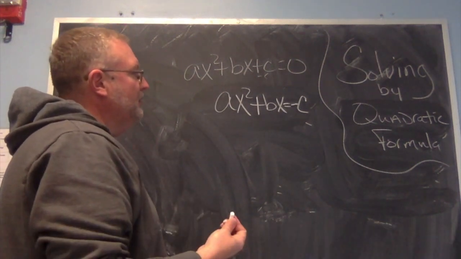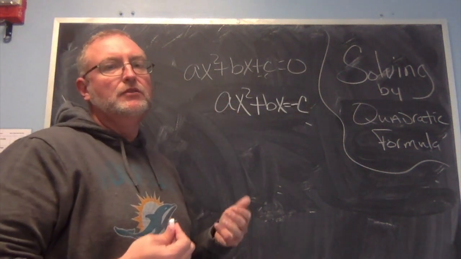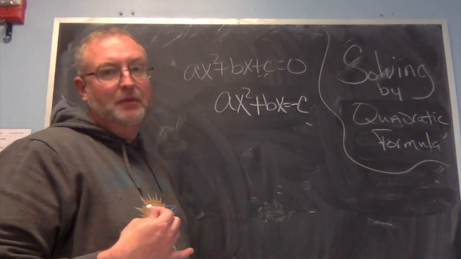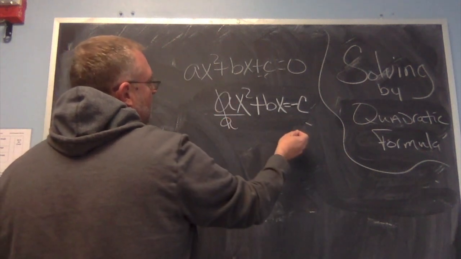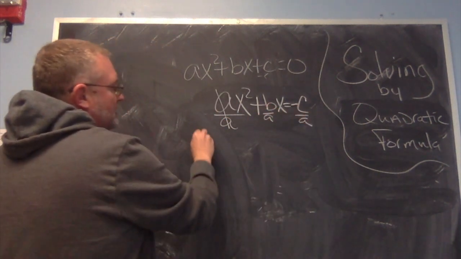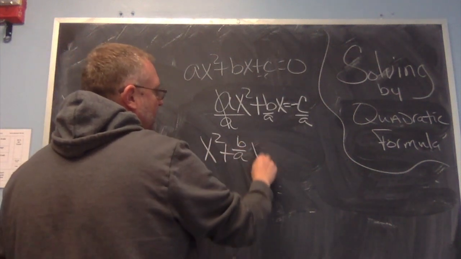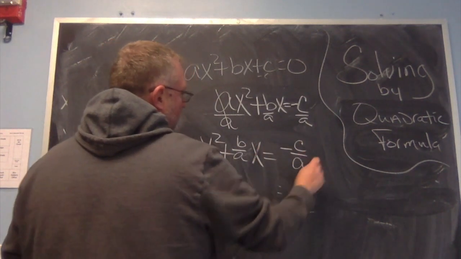Then, if you remember, I have to have the x squared by itself, so I'm going to have to divide everything by this a. Remember, like if it was 2x squared, divide everything by 2? So I'm going to divide everything by a, that by a, that by a. Which leaves me now with x squared plus b over a x equals negative c over a.